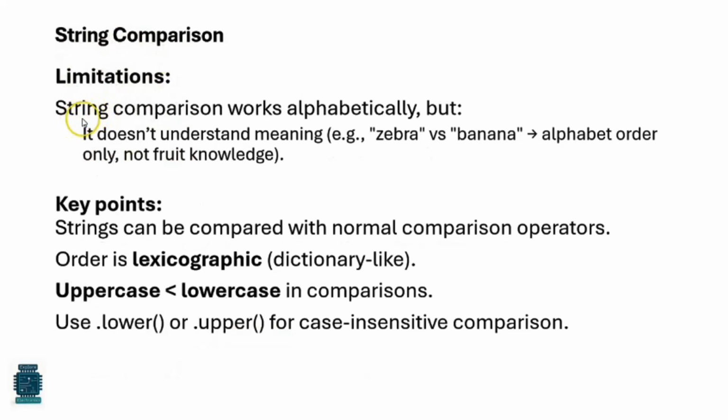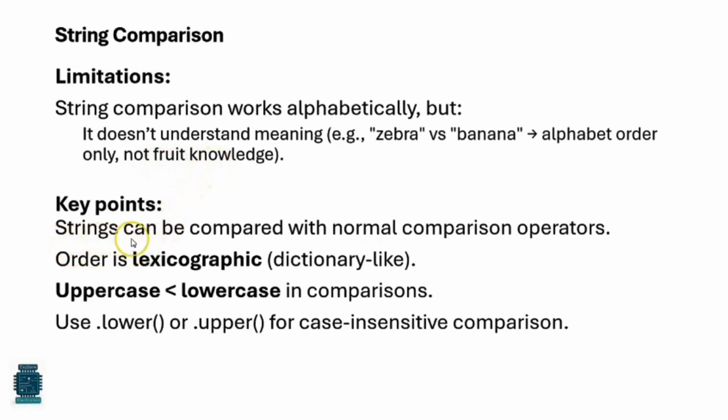String comparison has some limitations. Let us see. String comparison works alphabetically. As I told you in the previous example, it works alphabetically, but it doesn't understand the meanings. For example, zebra, banana, it doesn't understand the meaning of those words. It will just take the alphabetical order. It doesn't understand what exactly the fruit means.